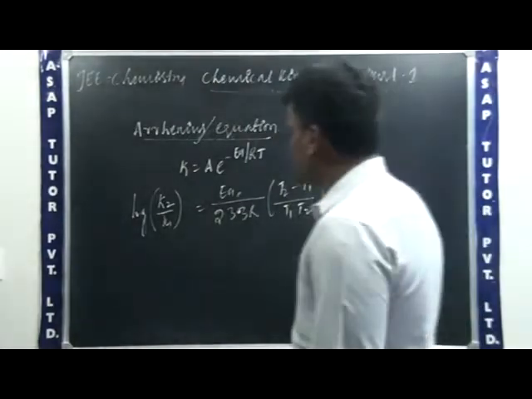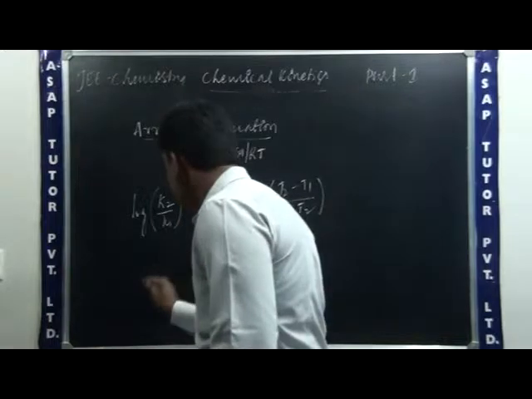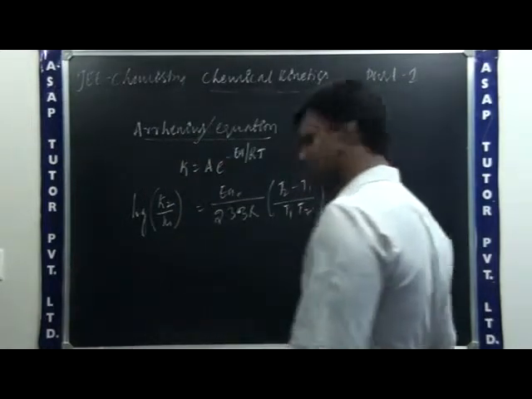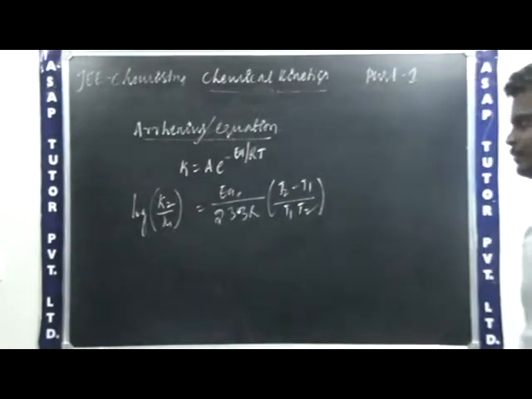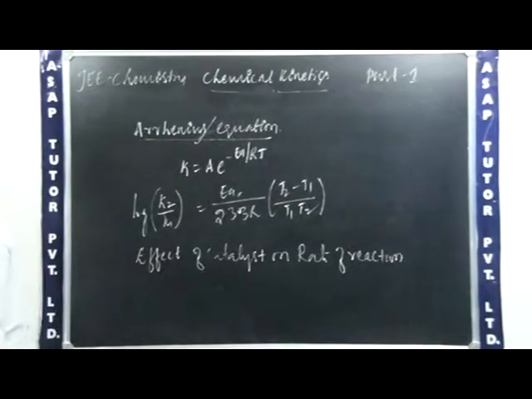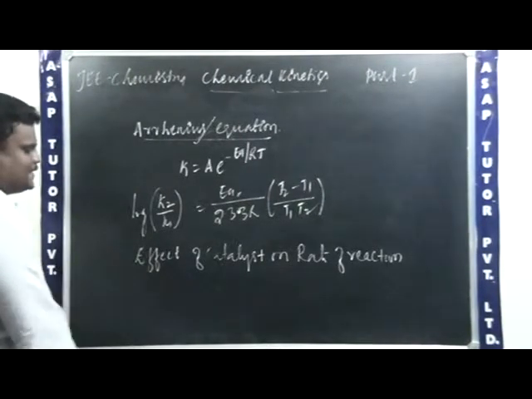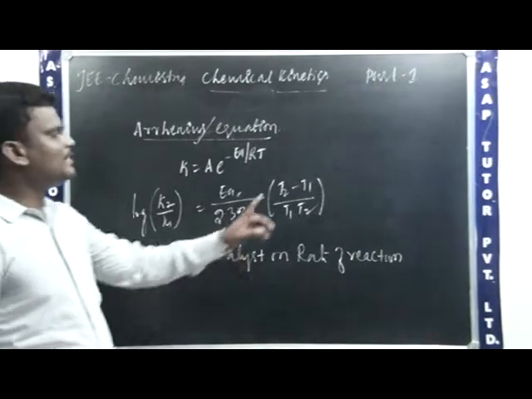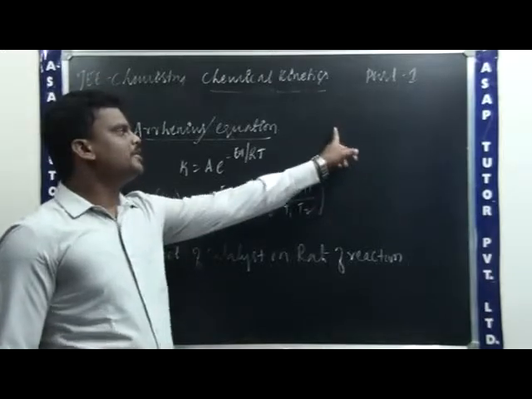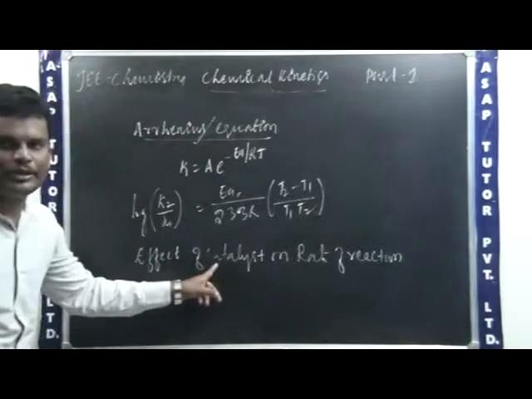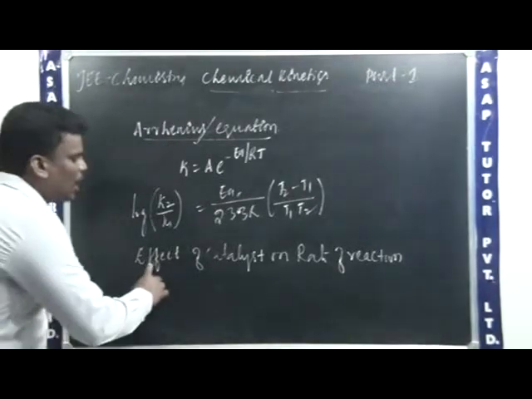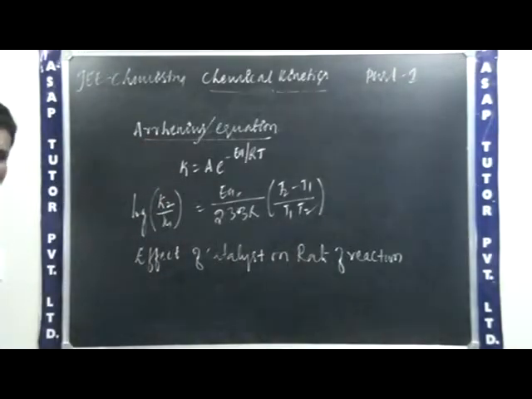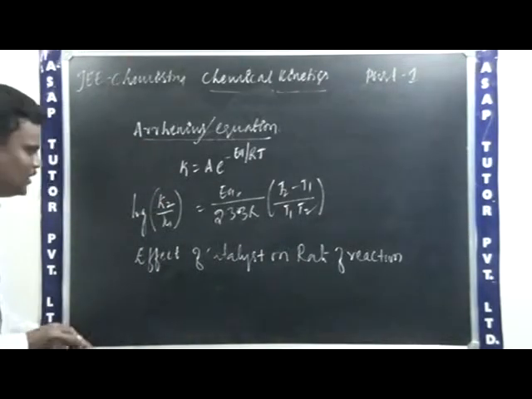Now last, see the next synopsis: effect of catalyst on rate of reaction. While discussing the factors that affect the rate of reaction, I introduced the word catalyst, but I didn't explain how the catalyst affects the rate of reaction.